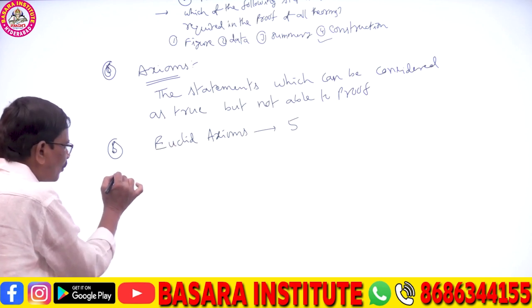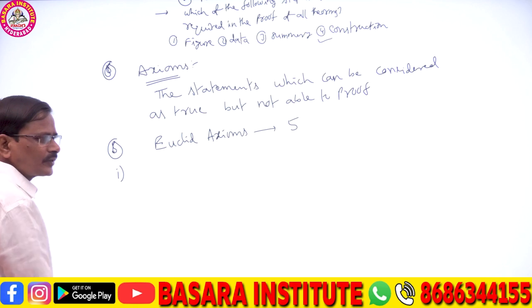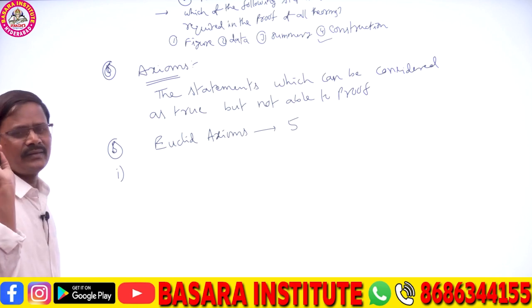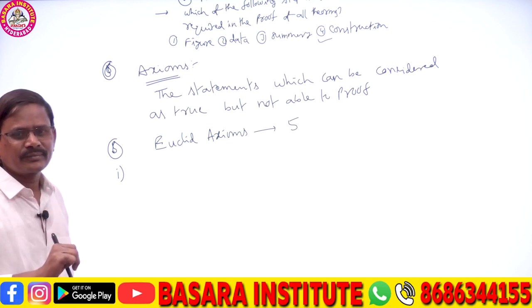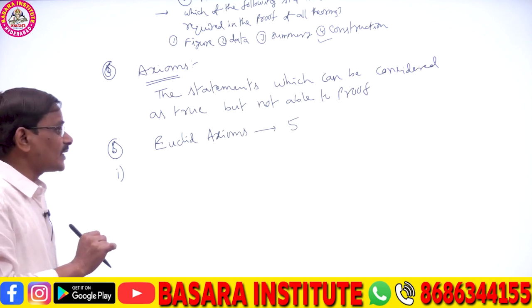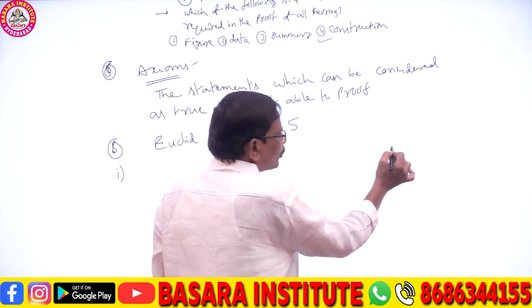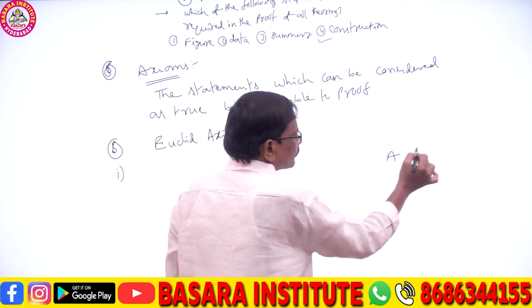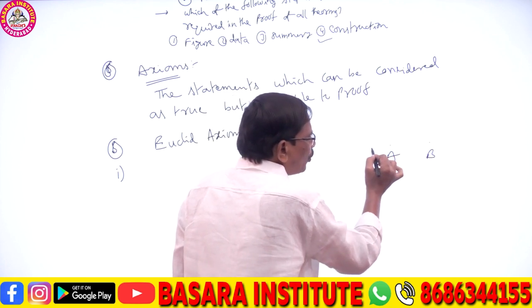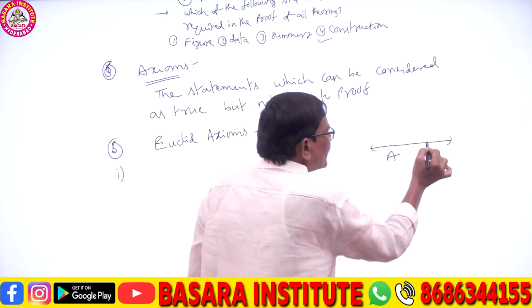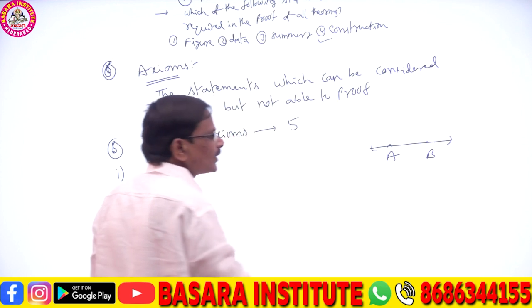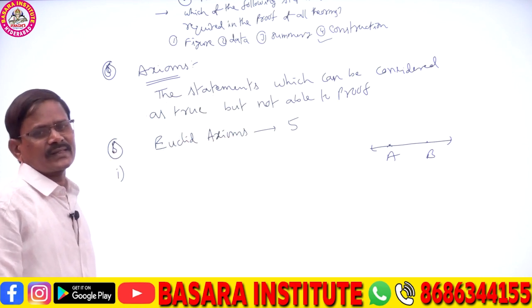In these 5, what is the first one? A unique line passing through 2 distinct points in a plane. If you take any 2 points, then a unique line passes through these 2 distinct points in a plane. So that is Euclid's first axiom.